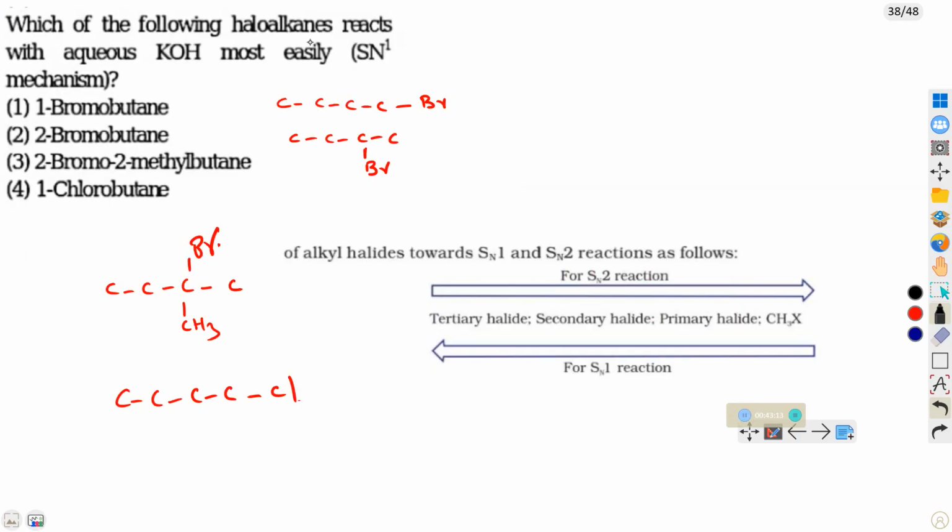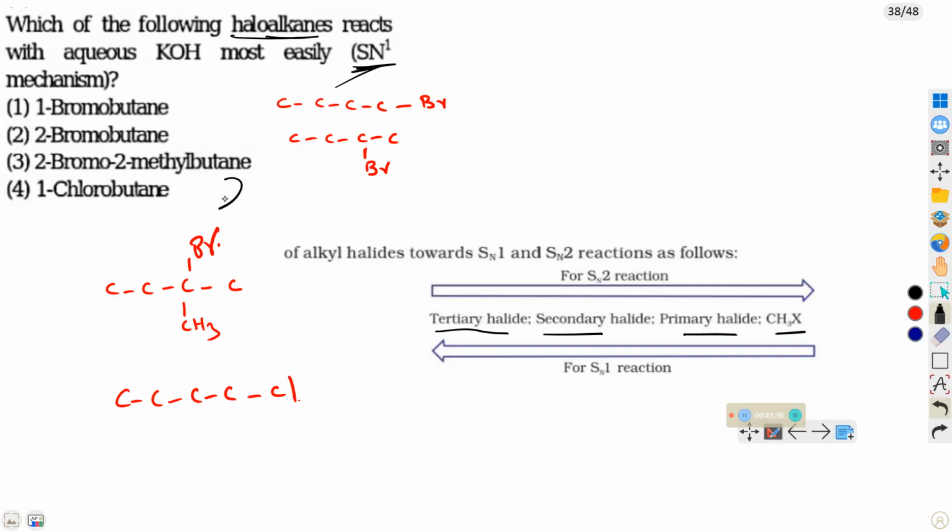Which of the following haloalkanes reacts with aqueous KOH most easily? SN1 mechanism. The SN1 order is 3 degree more reactive, after that 2 degree, after that 1 degree, finally methyl. Which is 3 degree? Identify.